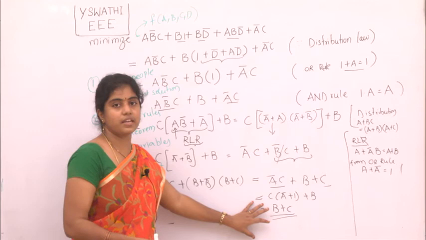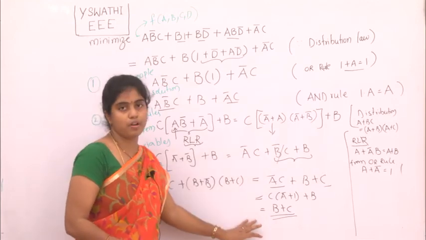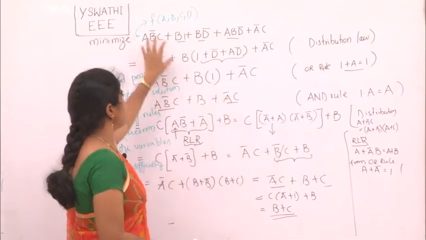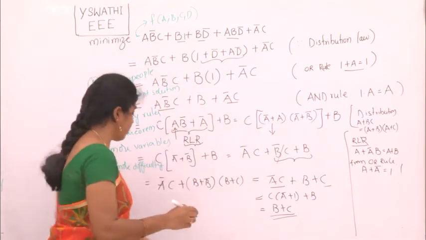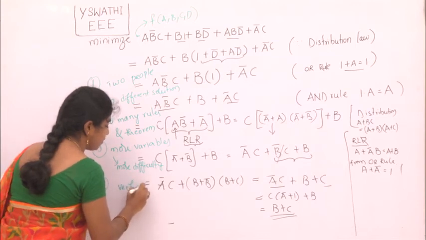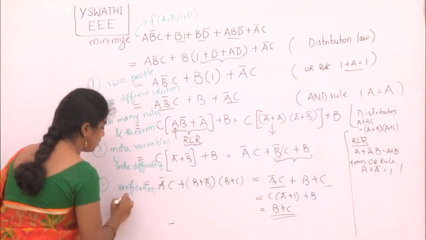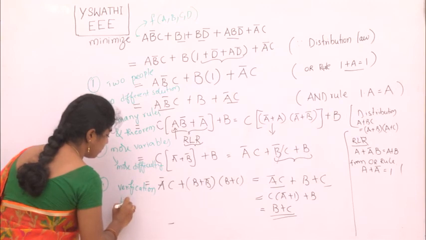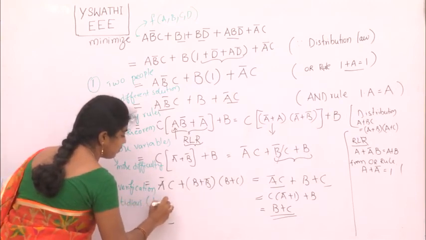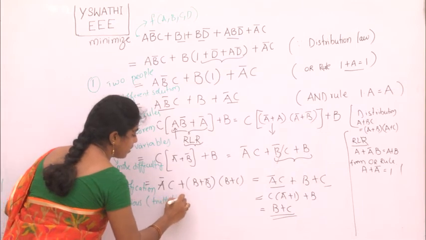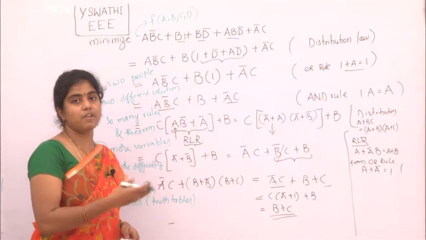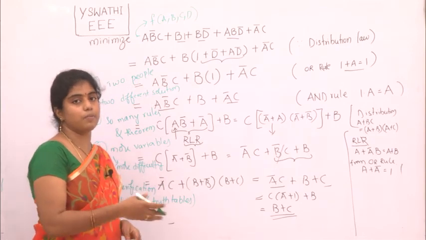If they want to check whether this minimized expression is the correct representation of the original or not, they have to verify with the truth table. Verification is a tedious problem because it has to be verified with truth tables. And if the number of variables is more, then the truth table verification becomes tedious.